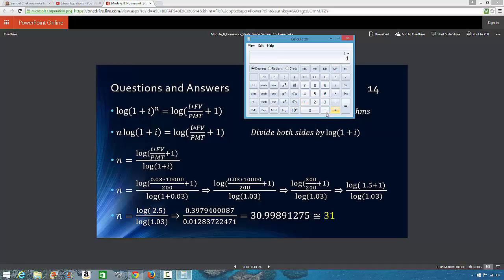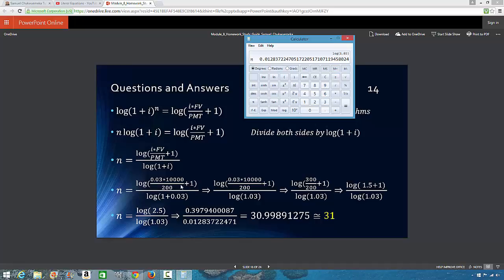So 1 plus 0.03 equal to, then logarithm, log of it. In the log of it, don't press equal to again. If you press log, it tells you log of this. You don't need to press equal to again. So save this in memory.